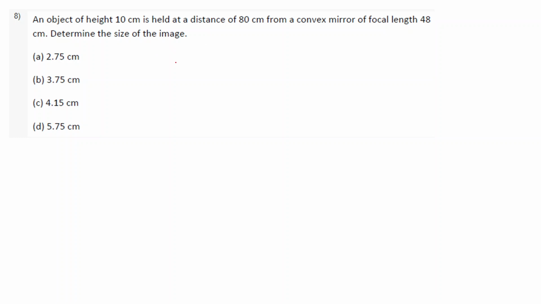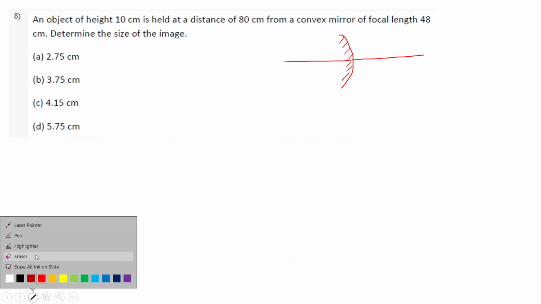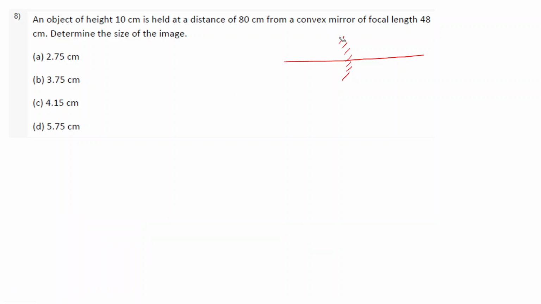So this question is, an object of height 10 centimeter is held at a distance of 80 centimeter from a convex mirror. Again, convex mirror means it's polished outside. Or I should draw for better clarity, because we have been using that particular direction, that will make it clear.